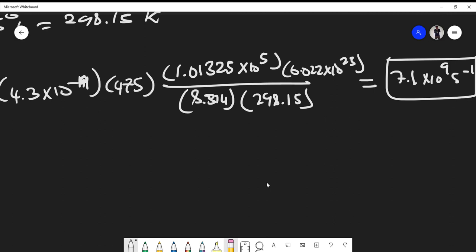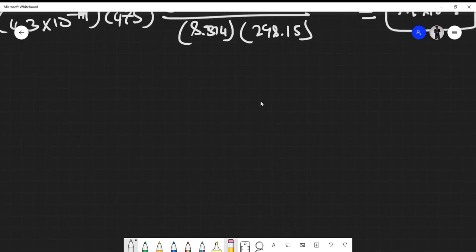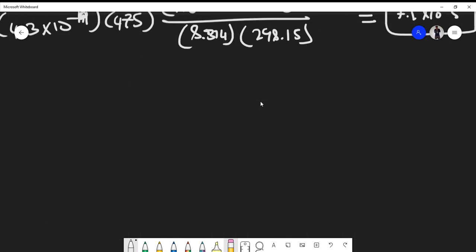So let's finish up the lecture by saying that the average distance a gas molecule travels between collisions is called the mean free path. Right? So this is important.